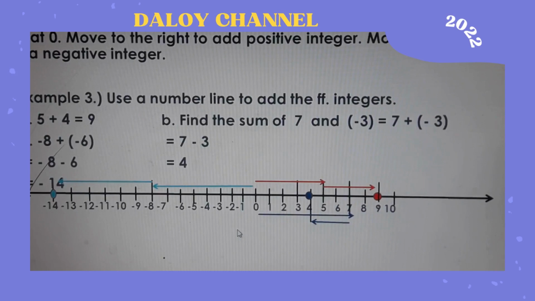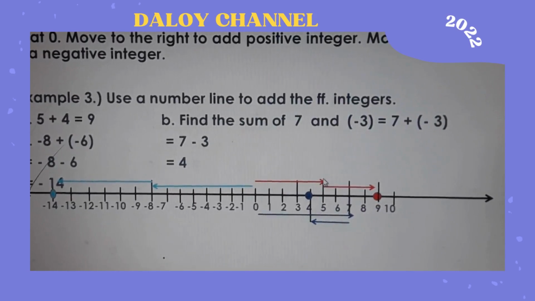So, example number 3, use a number line to add the following integers. Now, 5 plus 4 is equivalent to 9. I have here the red arrow to the right. I have to identify first the 5 units from 0 to the right.